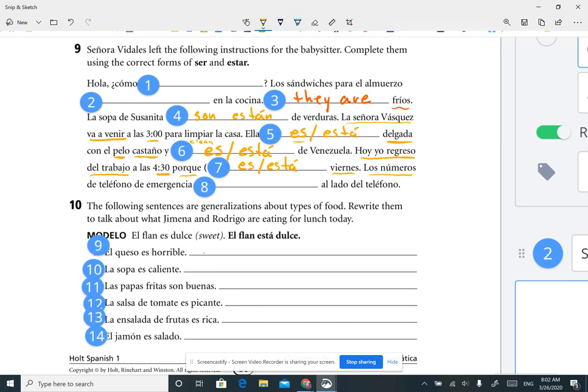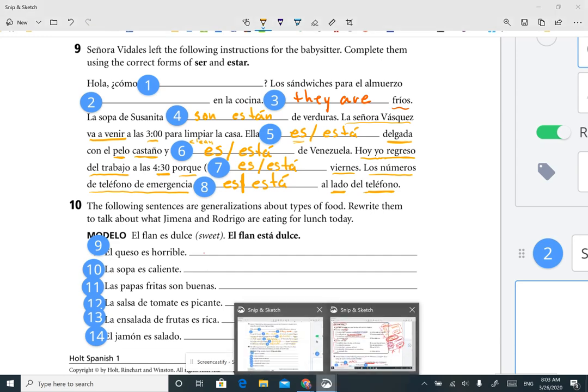And then los números de teléfono de emergencia, the emergency telephone numbers, are next to the phone. Okay, so next to, we're describing location. This is going to be, again, either es or está. So which one of those on the chart describes location?